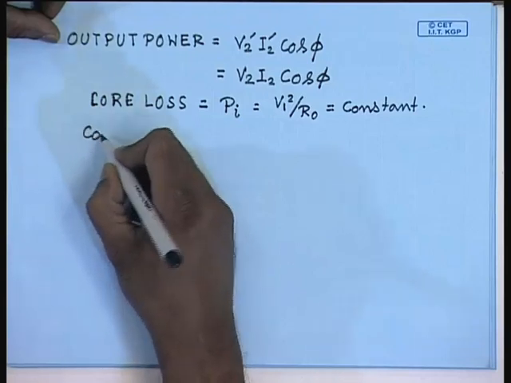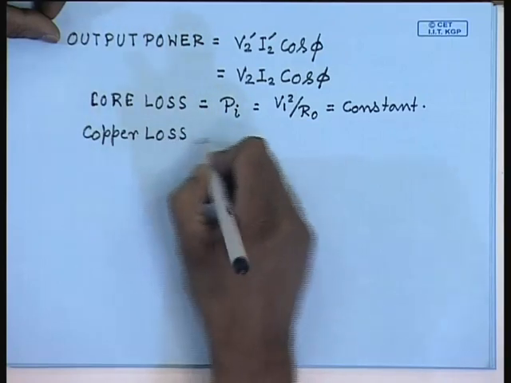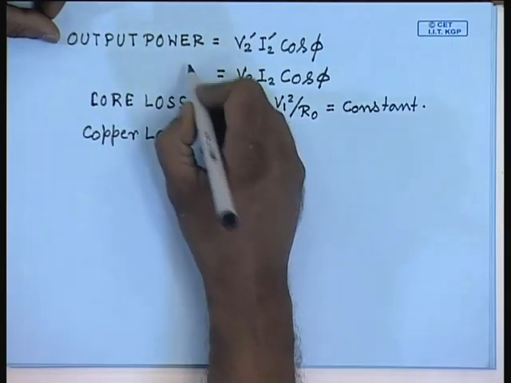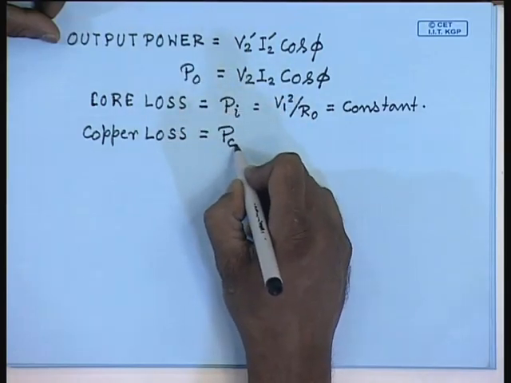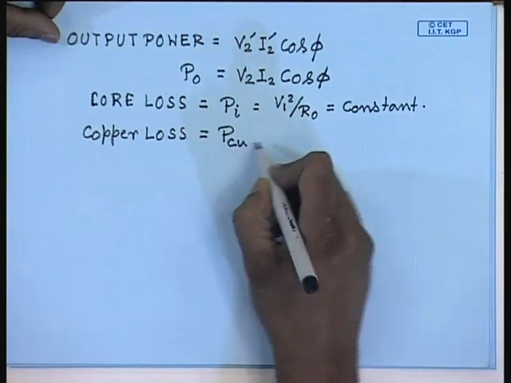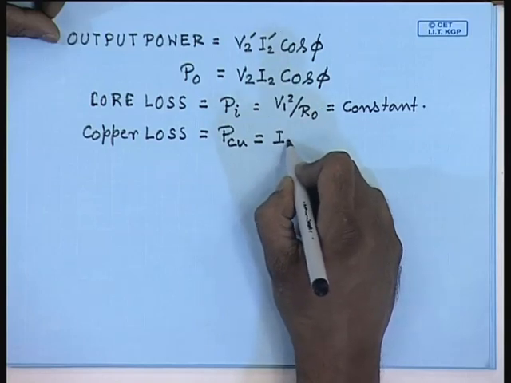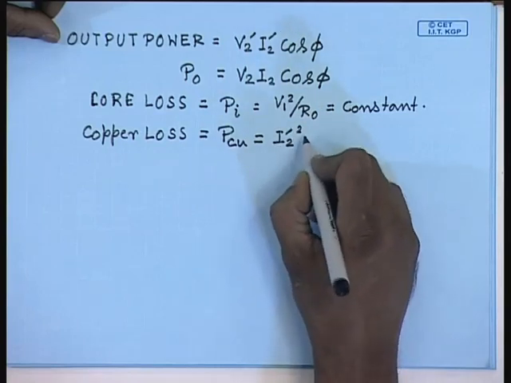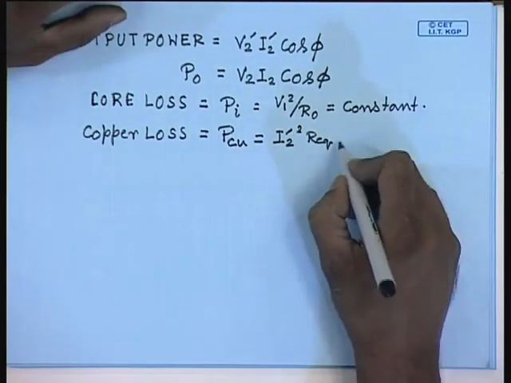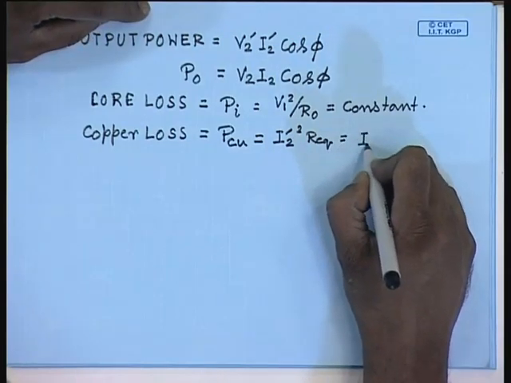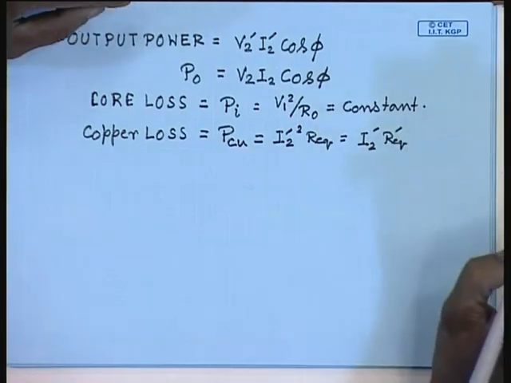Copper loss, denoted as PCU, equal to I2 dash square Req, or it is I2 square Req dash, same thing.